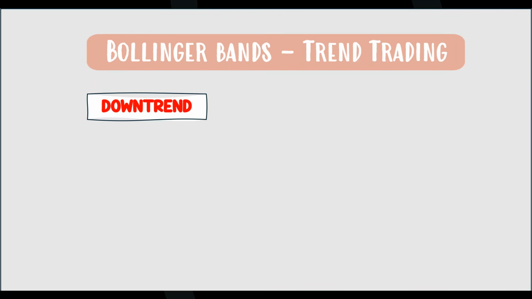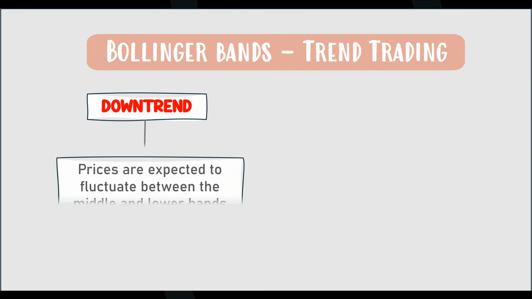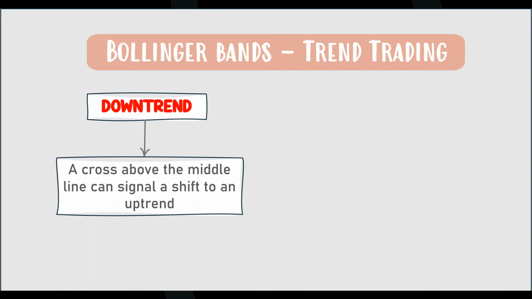When you're using Bollinger Bands in a downtrend, you expect prices to fluctuate more on the lower end. So in a downtrend, the price is going to fluctuate on the lower band and between the lower band and the middle line. And when the middle line is crossed, that means that sentiment is changing.